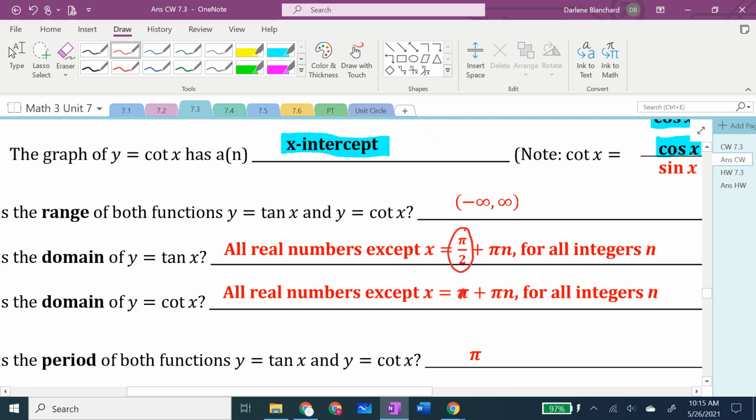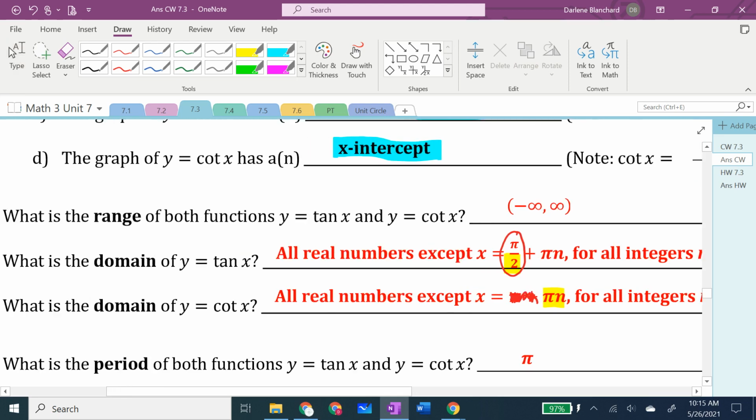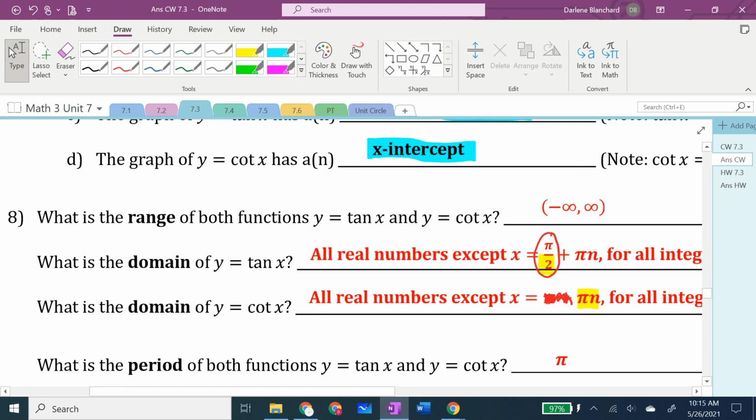And actually, I don't need to have this written here. That could just be pi times n. So basically, all the odd multiples of pi over 2, or all the plain multiples of pi, are kept out where those vertical asymptotes are.